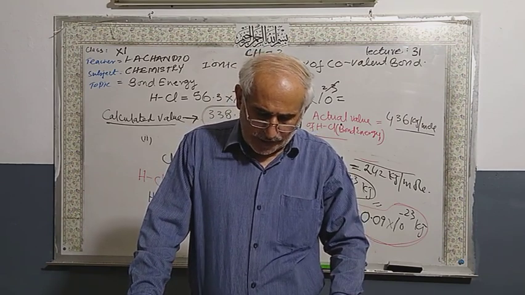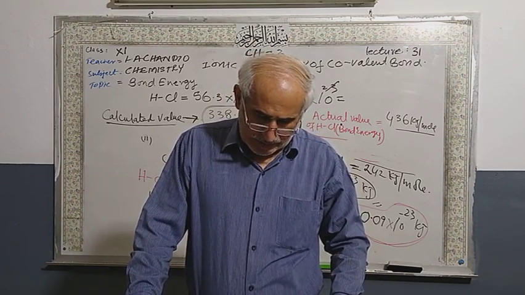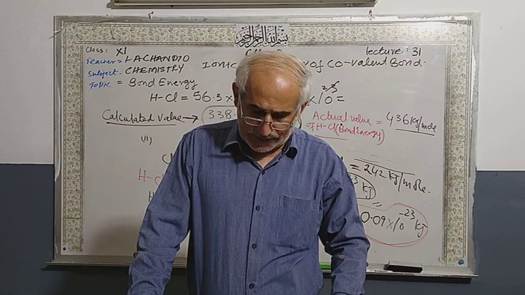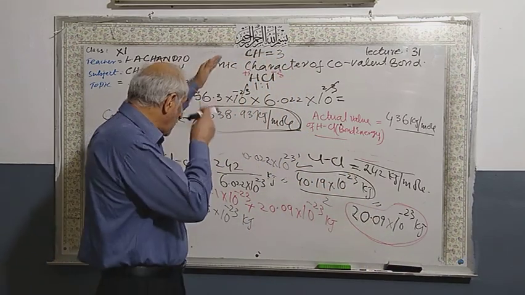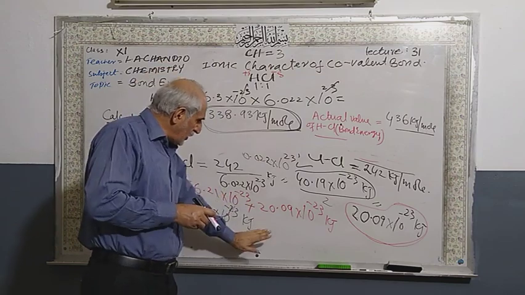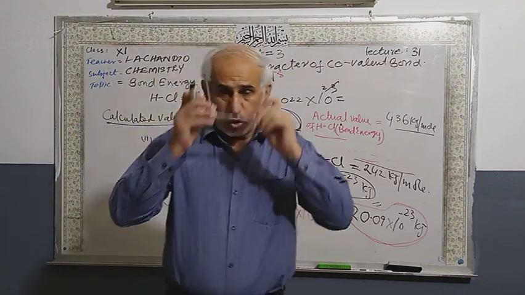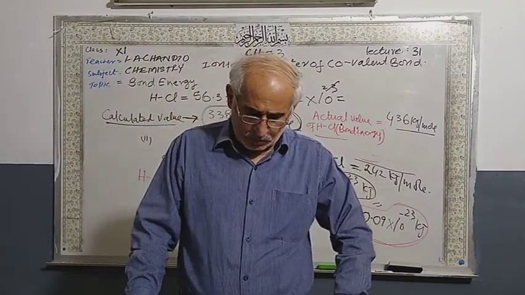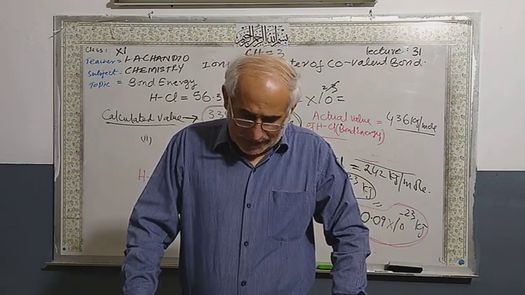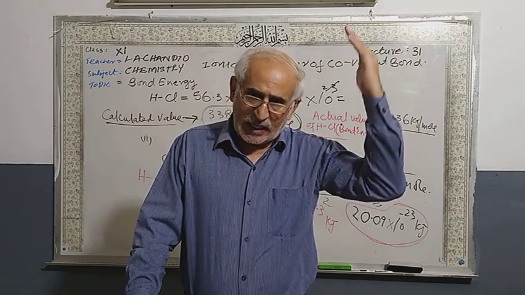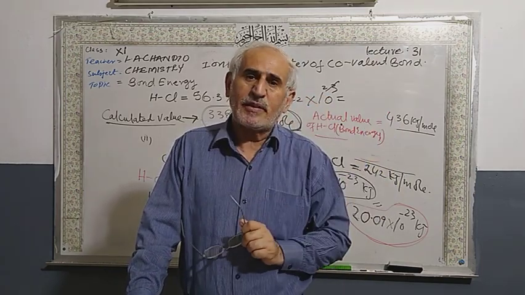In hydrogen fluoride, the calculated value is 293. If I make the calculation for hydrogen fluoride by using this method, you will get near about 293 kilojoules per mole. The experimental value is very high, 567.